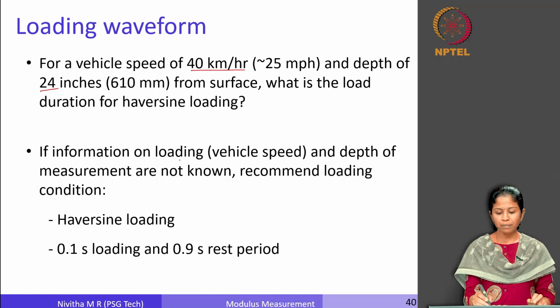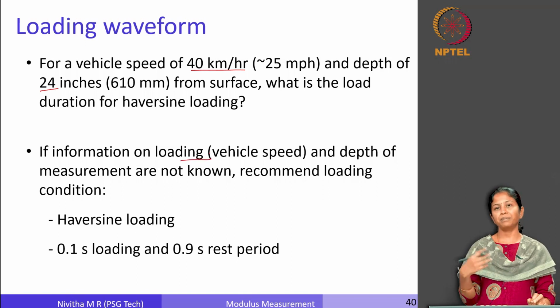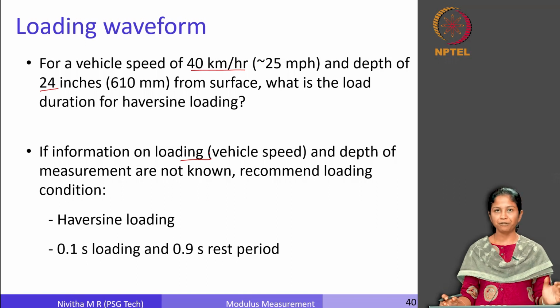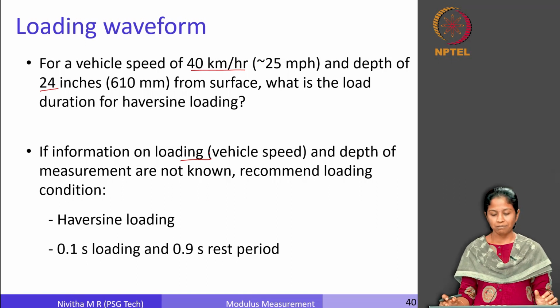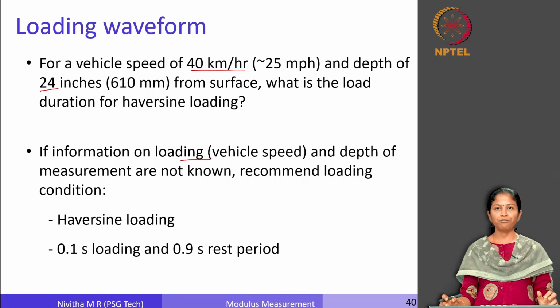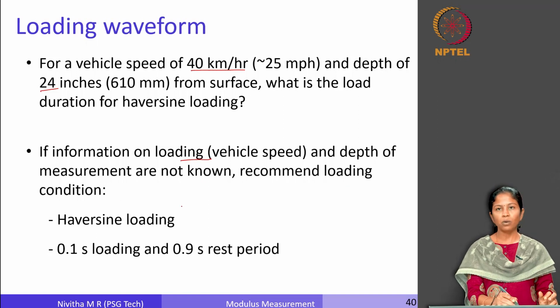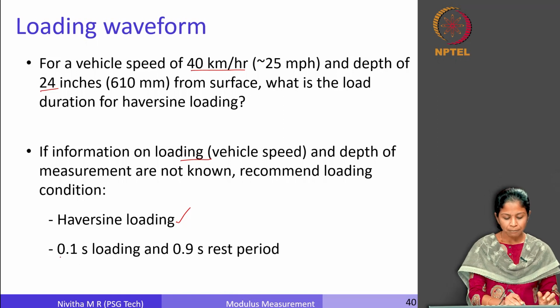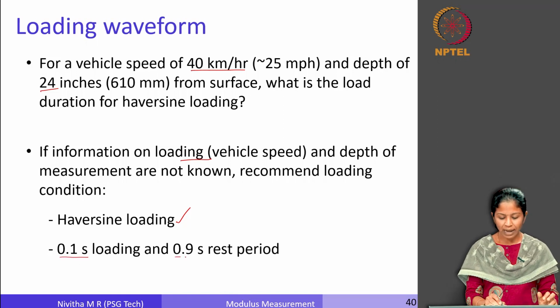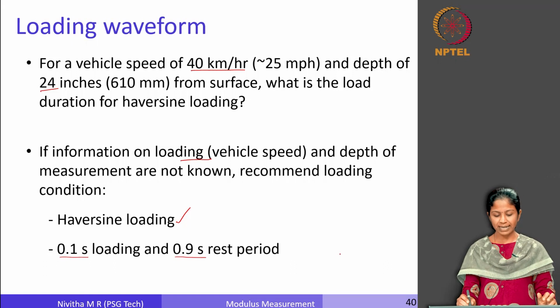We have a wide variety of vehicles with different speeds and different magnitudes of load. If information on loading, which is nothing but the vehicle speed and depth of measurement, is not known, the recommended loading condition is simply a Haversine loading, right, which has 0.1 second loading and 0.9 second rest period.